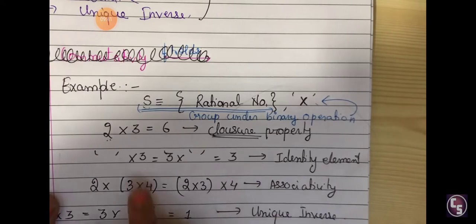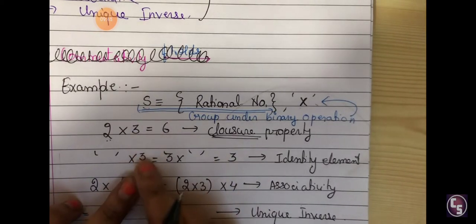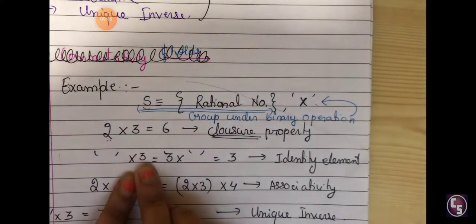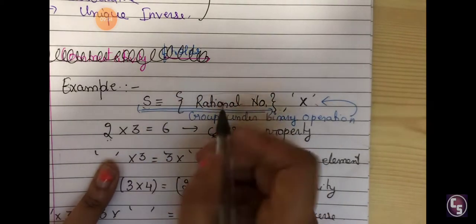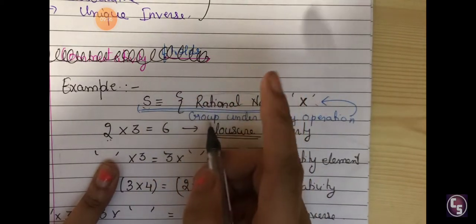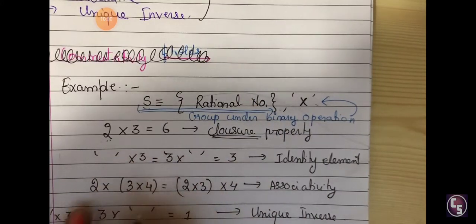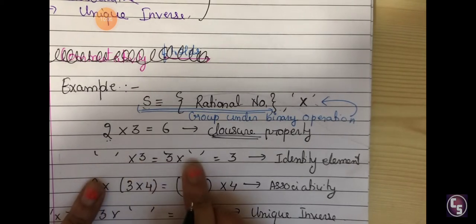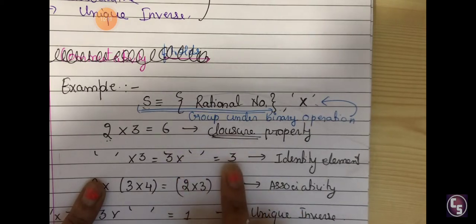Now the second is, if I consider one element, for example 3, that is a rational number that belongs to this set, and I multiply this with a number, every set has one number which, if you multiply with it, you will get the identity. Now in this case, if I multiply 3 with 1, I am getting the answer 3.